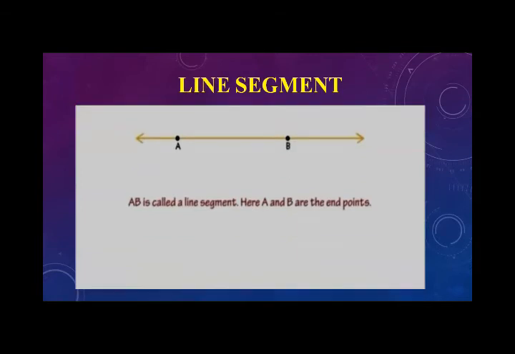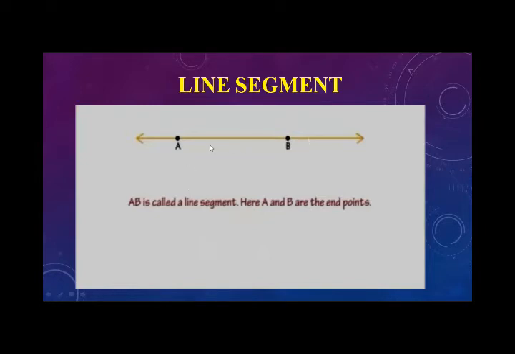Line segment. What is a line segment? Also open your books, page number 78. Here you see a line AB, and here you see two endpoints. Whenever you want to make a line segment, you will make two endpoints of that line segment.